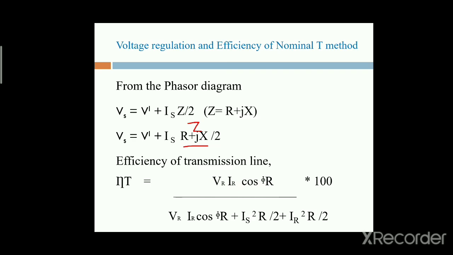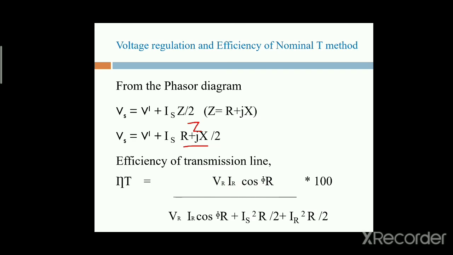Okay, the nominal T method is also called the middle condenser method. Why is it called the middle condenser method? Because the capacitance is connected at the middle of the transmission line. And why is it called the nominal T method?